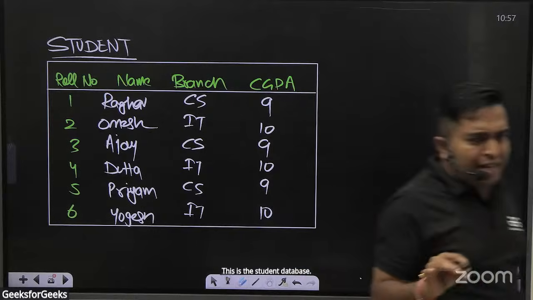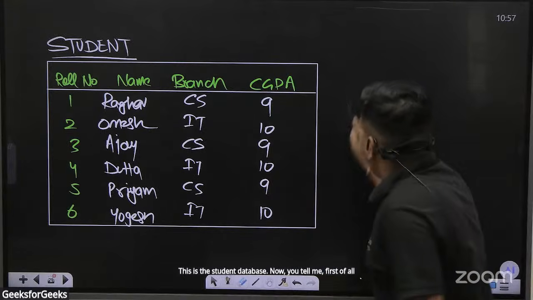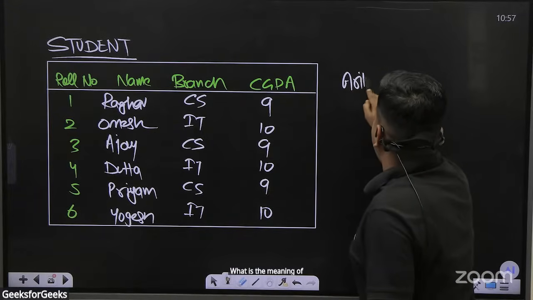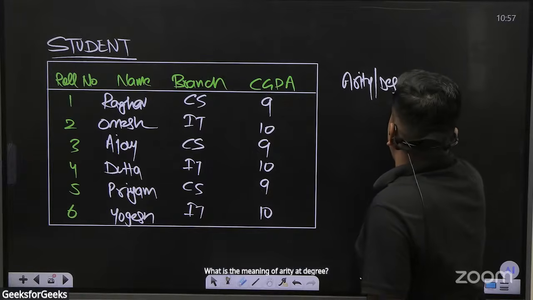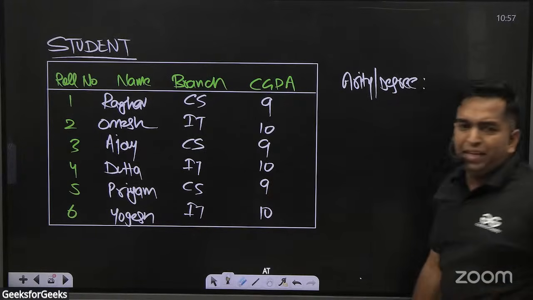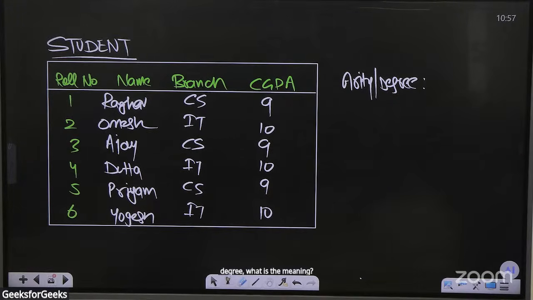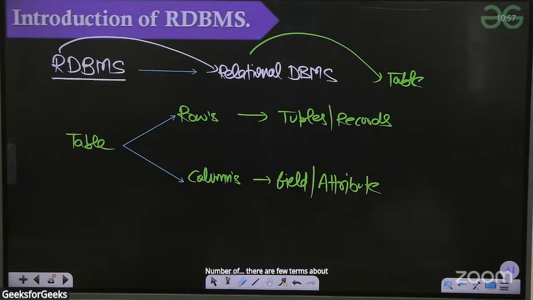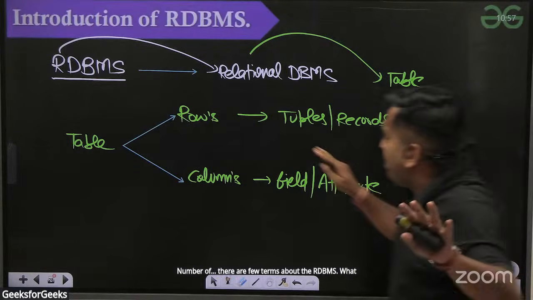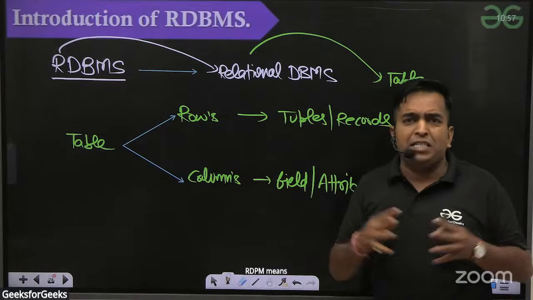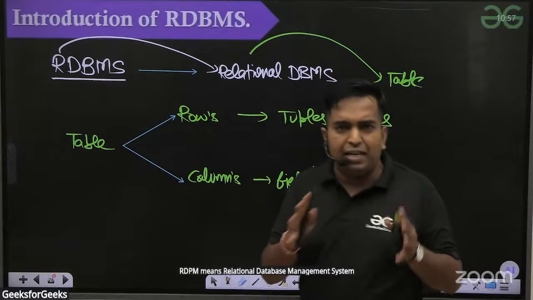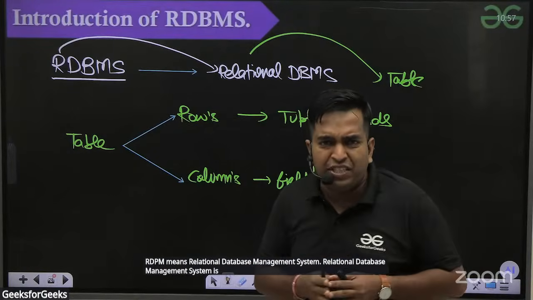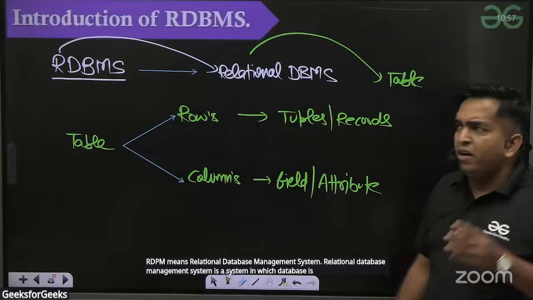Now you tell me, first of all, what is the meaning of arity or degree? There are a few terms about the RDBMS. RDBMS means relational database management system, in which the database is represented in the form of relation.